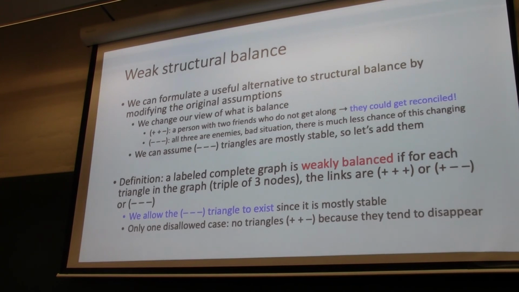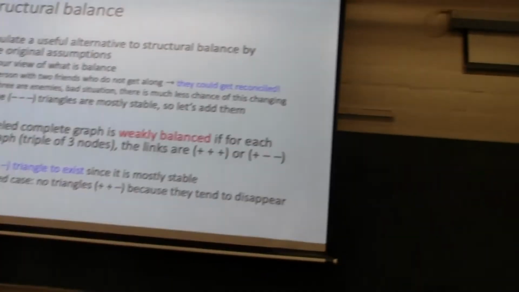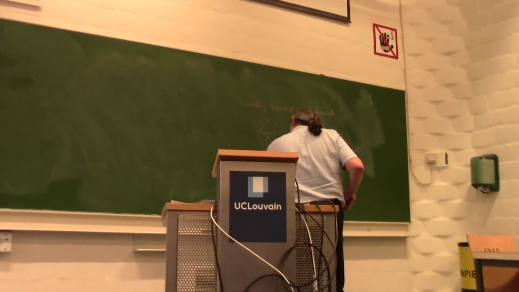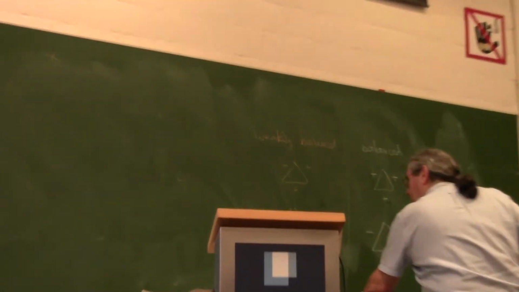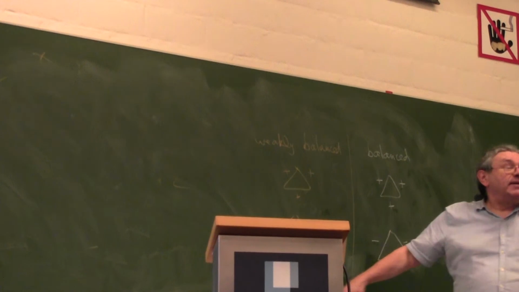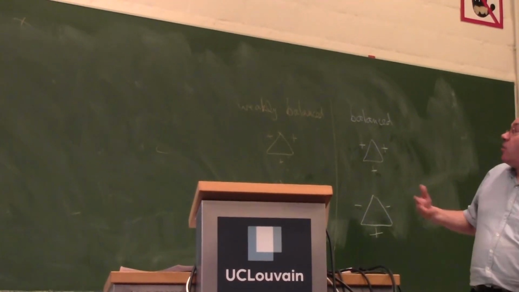That means we can actually have a weaker version of structural balance. We can call it weakly balanced. We keep the plus, plus, plus, and the minus, minus, plus, but we add the third one. We add minus, minus, minus, because this one is kind of a stable one, okay?